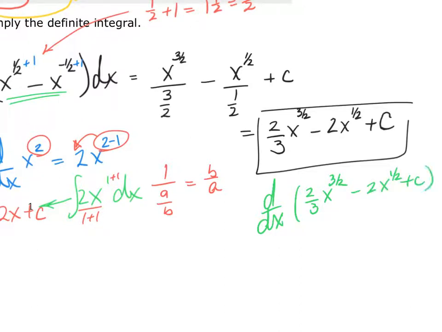Plus C. So doing the derivative using the power rule, my first one is going to be 2/3 multiplied by the power, which is 3/2, x, and I'm going to drop it down by 1, so 3/2 minus 1, which gives me 1/2. And then minus 2 multiplied by the power, and then x raised to the negative 1/2.